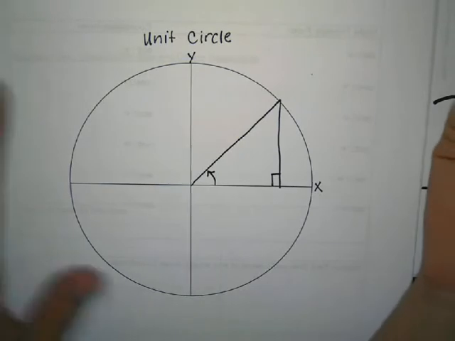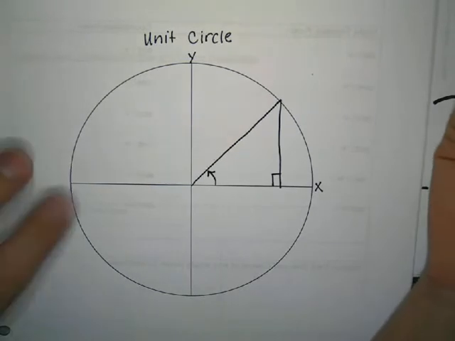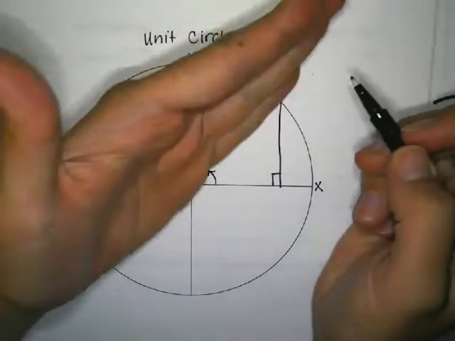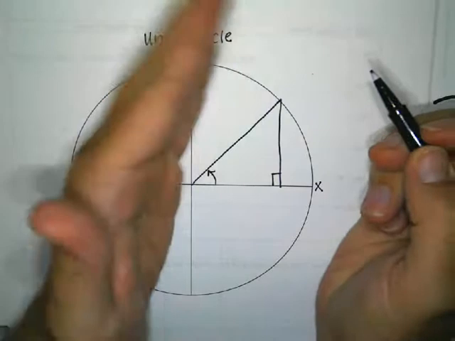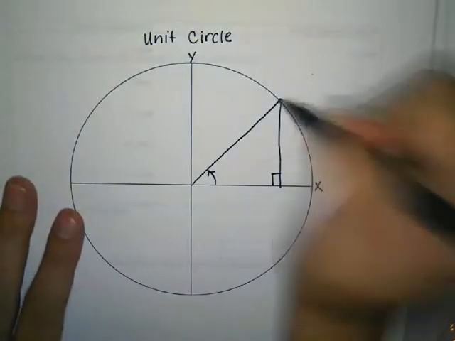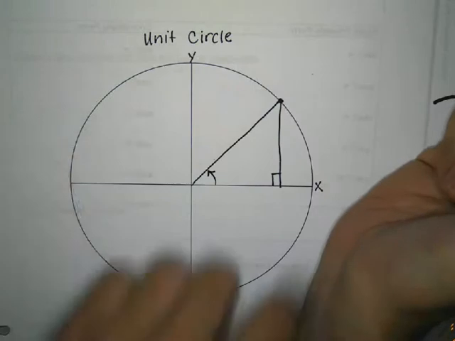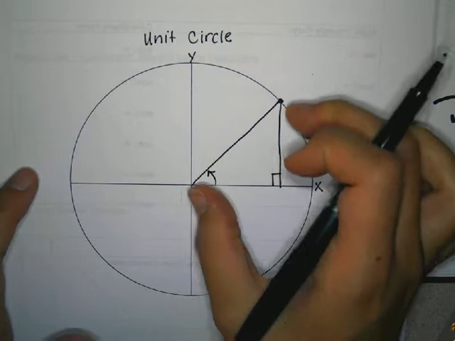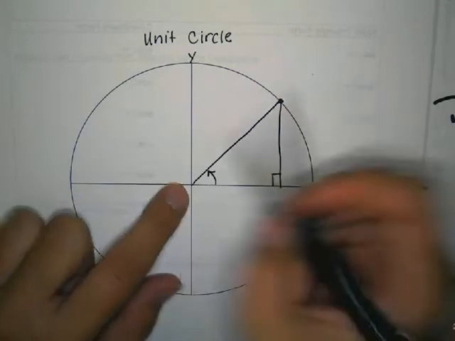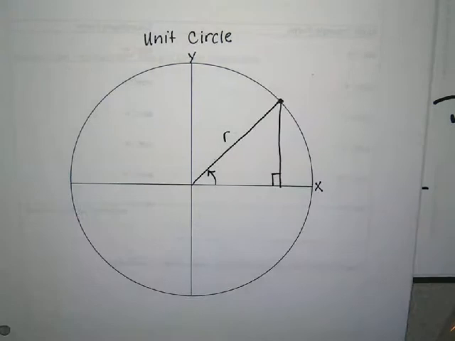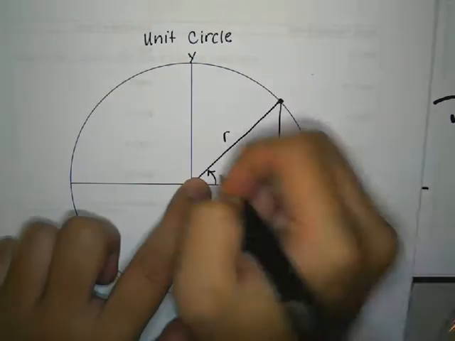All right, so we're going to consider, like if this is a ray, a terminating side of an angle, and if it keeps opening, then the point here is going to trace the outside of the circle. Because we know any point on the outside of the circle is the same distance away from the center. So we're going to actually label that as R. We can label this as theta.